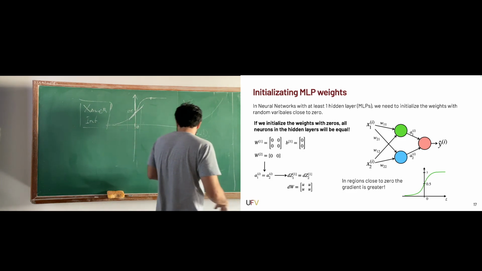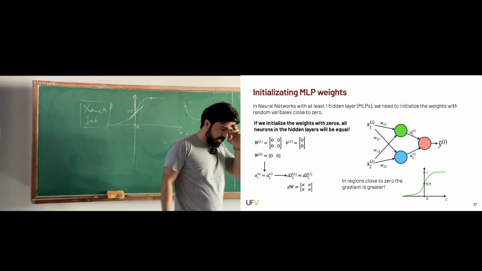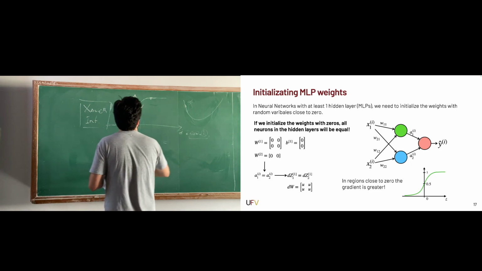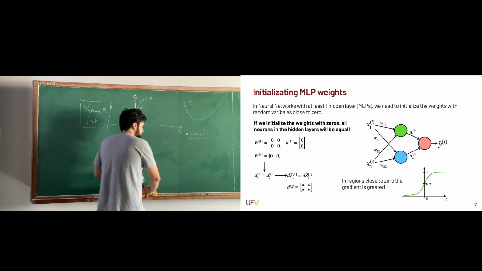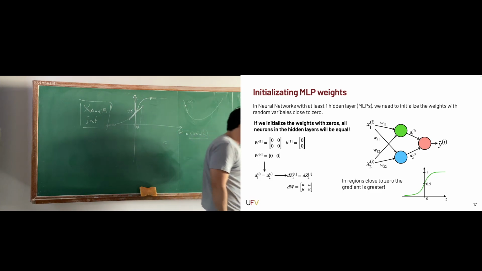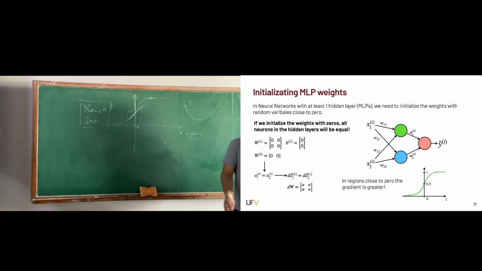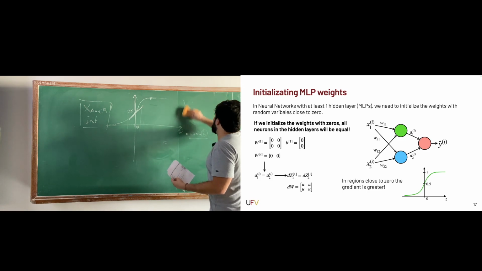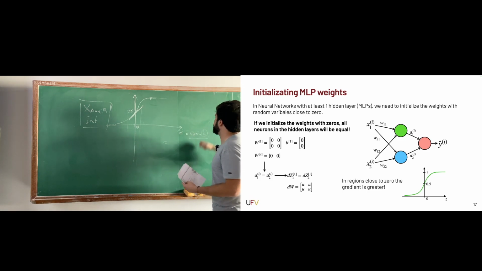Also, I don't have it here, but remember that in neural networks, we are not guaranteed that our optimization is going to be convex. Okay? And we're going to assume that it's not convex.